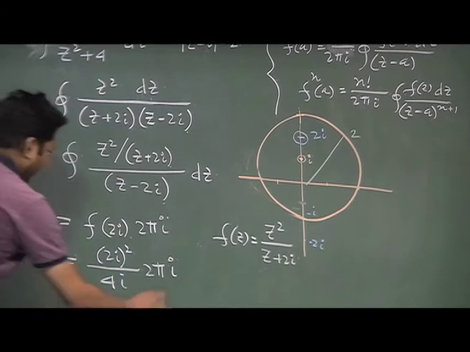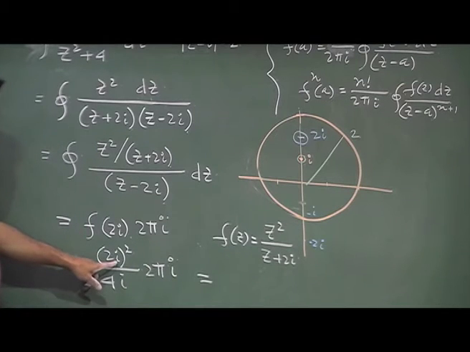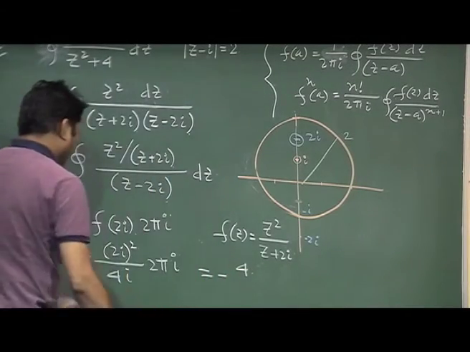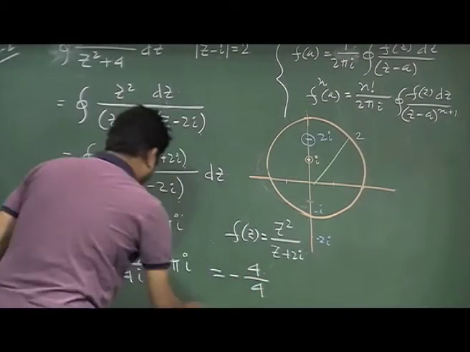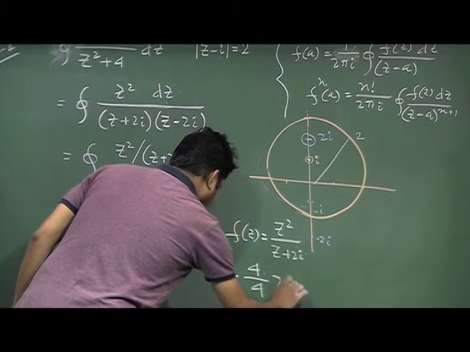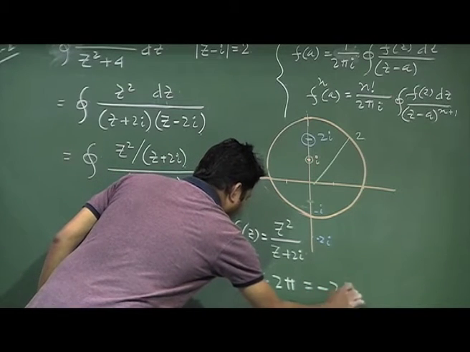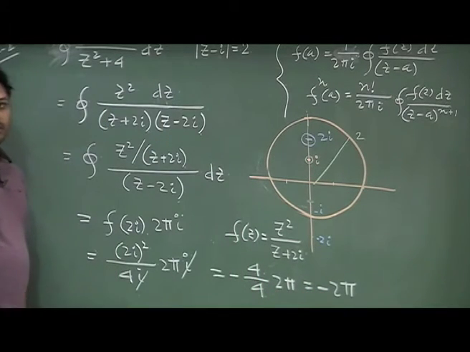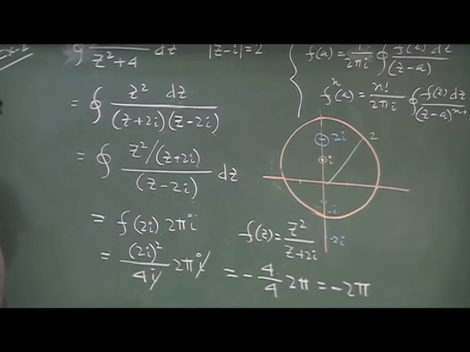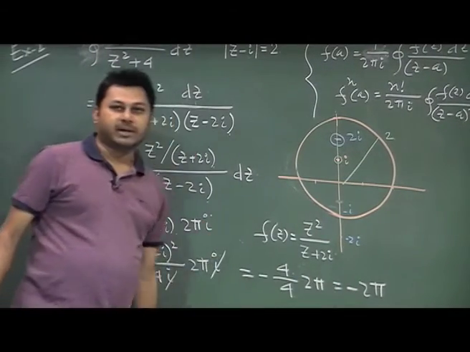Here one negative sign comes because of i square, so minus 4 divided by 4i, the i cancels out, and we have minus 2 pi. So the result of this integration is minus 2 pi.